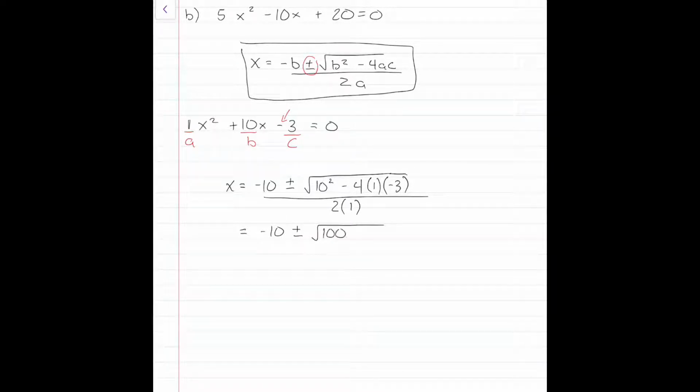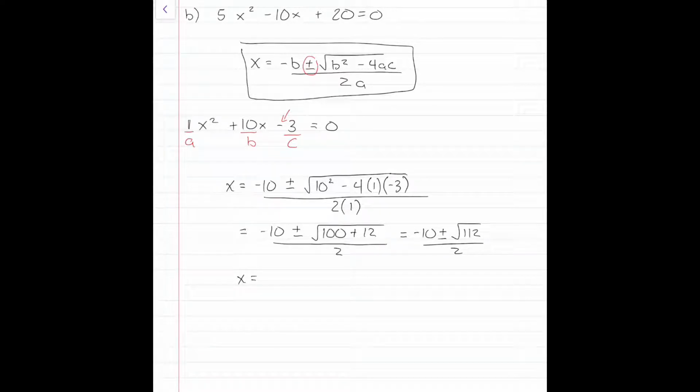So we'll go ahead and simplify this and get minus 10 plus or minus the square root of 100, and then a minus 4 times minus 3 gives you a positive 12, and that's all divided by 2. So further simplifying this will give us minus 10 plus or minus the square root of 112 divided by 2.